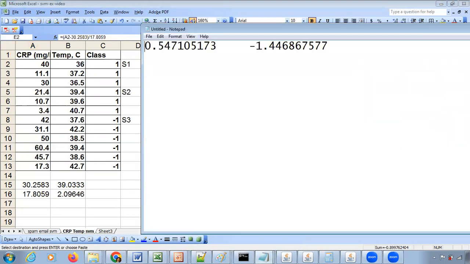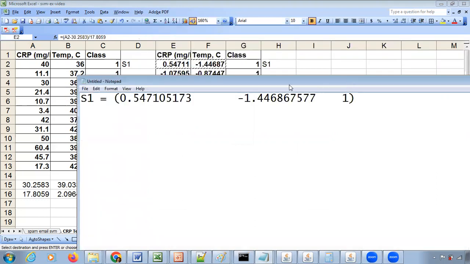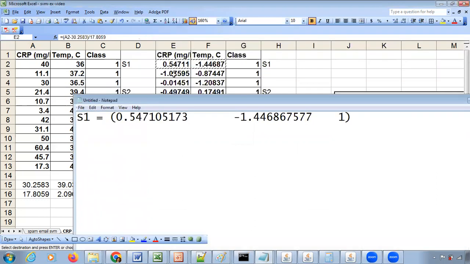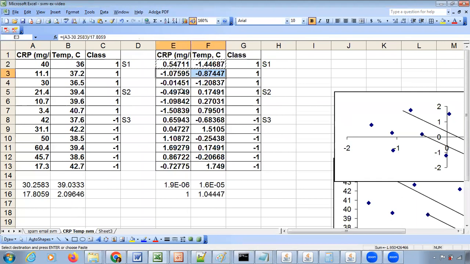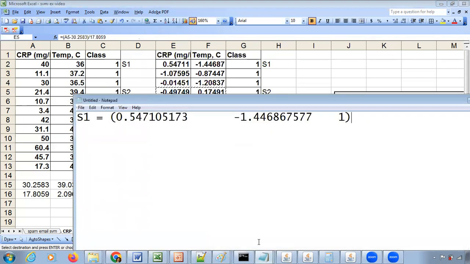Write down here like this, S1 equal to this, of course, with a 1 added as the dummy feature. And then S2 equals this. Make sure you write the correct support vector.